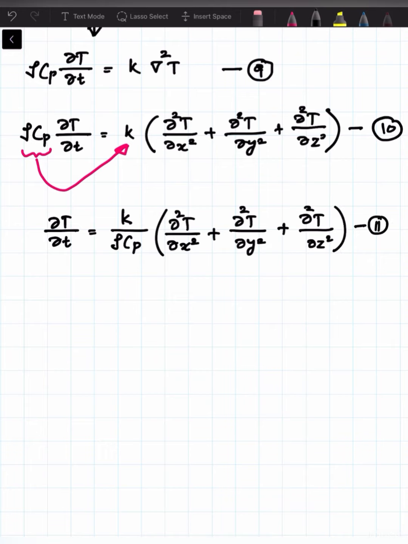This is equation number 11. Look at k by rho Cp. It's a very interesting term, which, if you remember, is called alpha, the thermal diffusivity.